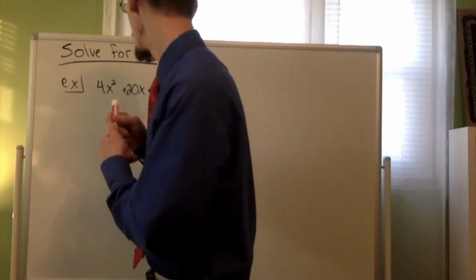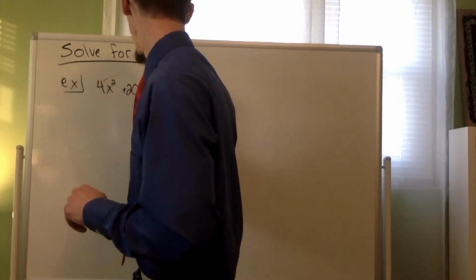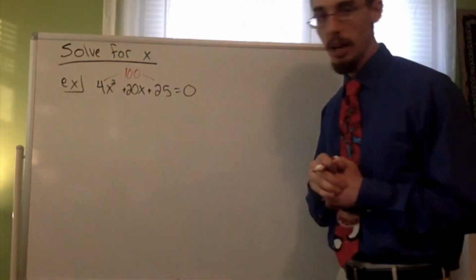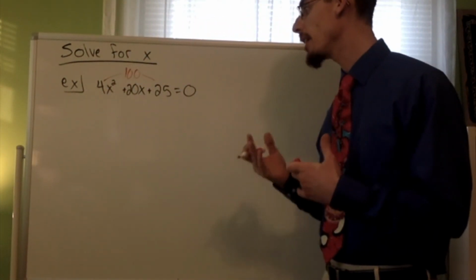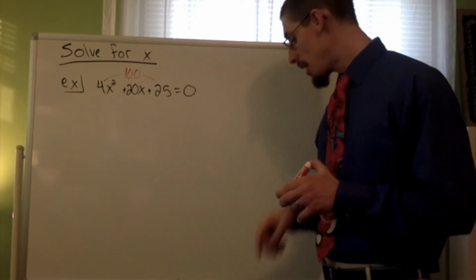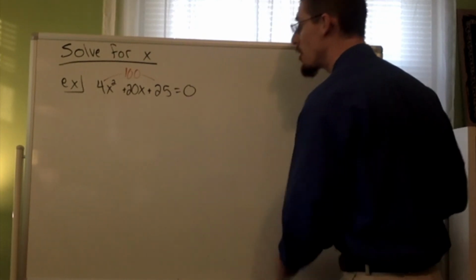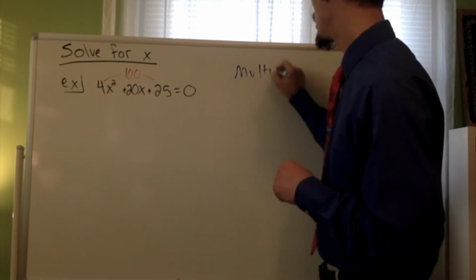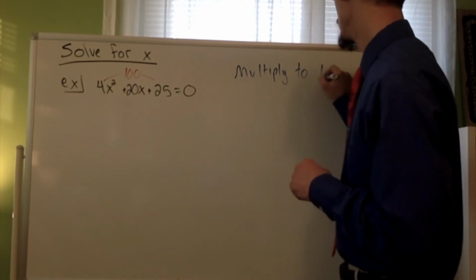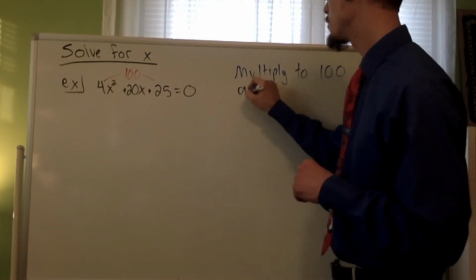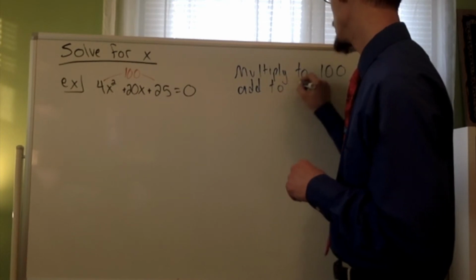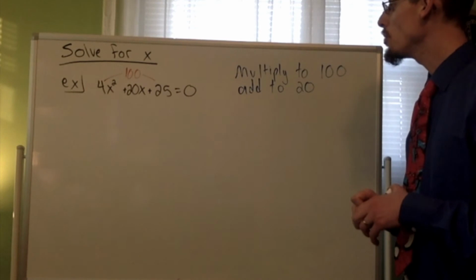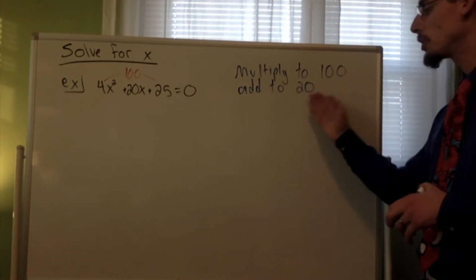I have to do this, right? You should remember this. You take the 4 and the 25 and you multiply them. 4 times 25 is 100. Then you need to find two numbers that multiply to 100 and add to 20.